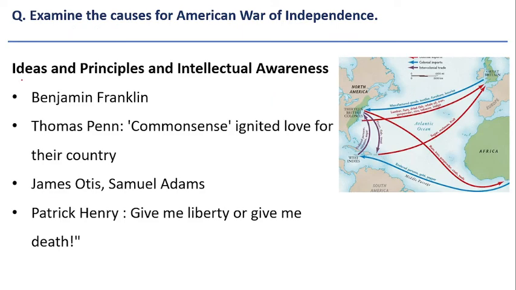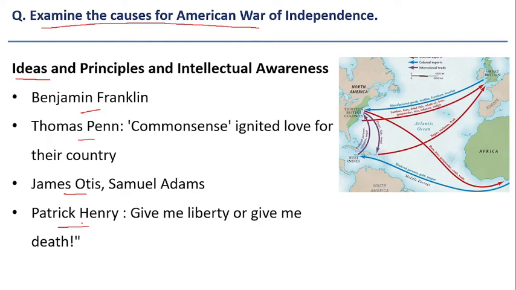Examine the causes for the American War of Independence. The first one was ideas, principles and intellectual awareness. Leaders like Benjamin Franklin, Thomas Paine, James Otis and Patrick Henry were some of the intellectuals of the time.